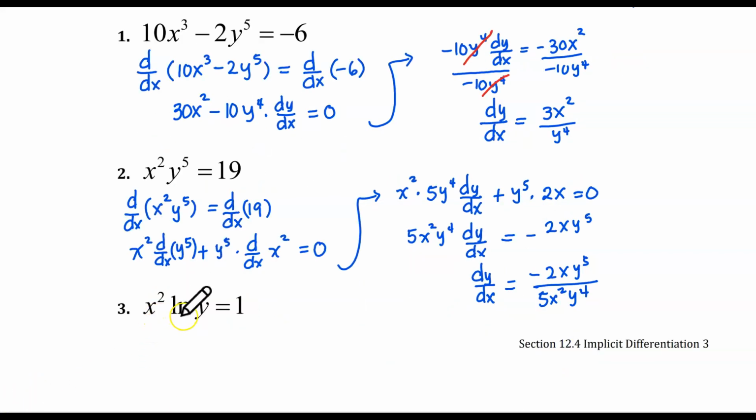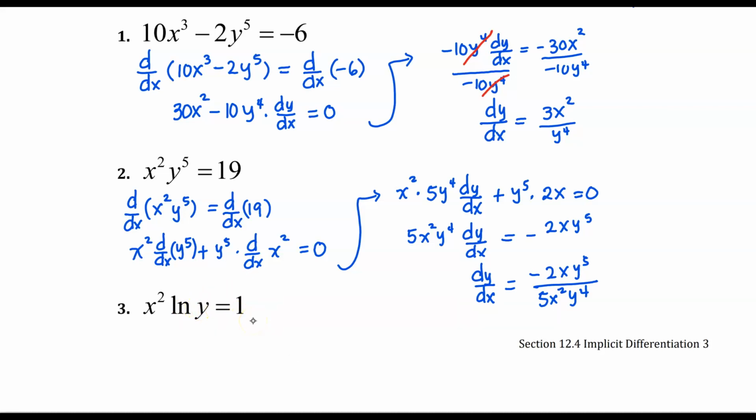Now for our third example, when you differentiate this side here, you will also use product rule. Use product rule because you have one expression here that is in terms of x and another expression that is in terms of y, and they're being multiplied together. So to get dy/dx, let's differentiate both sides of the equation here.